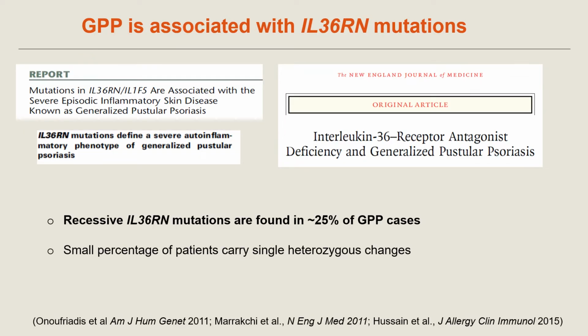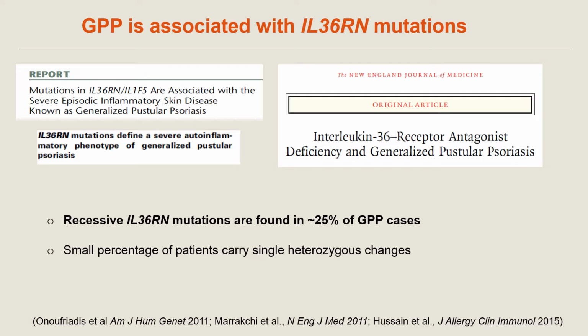So the first GPP gene to be discovered was the IL36RN gene, and this happened more than 10 years ago now, when my group and the group led by Hervé Bachelet found that patients with generalized pustular psoriasis carry a recessive mutation in the IL36RN gene.